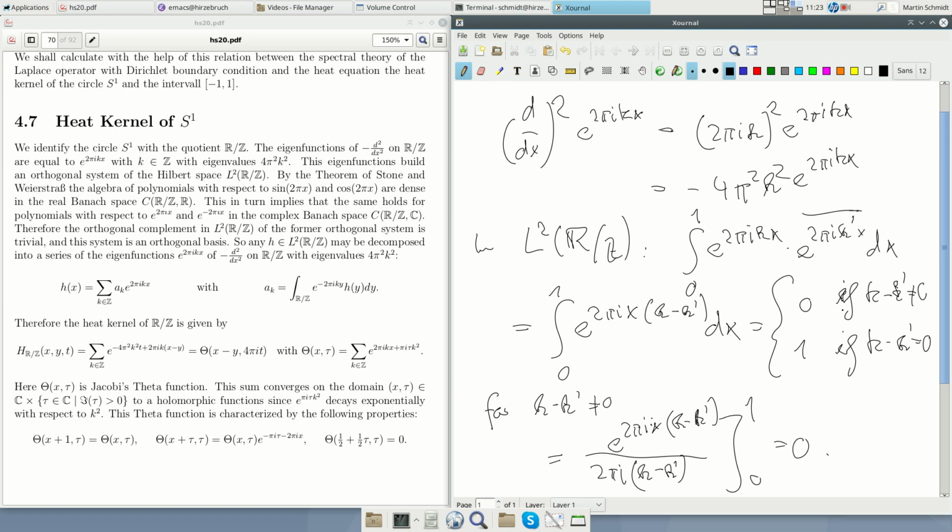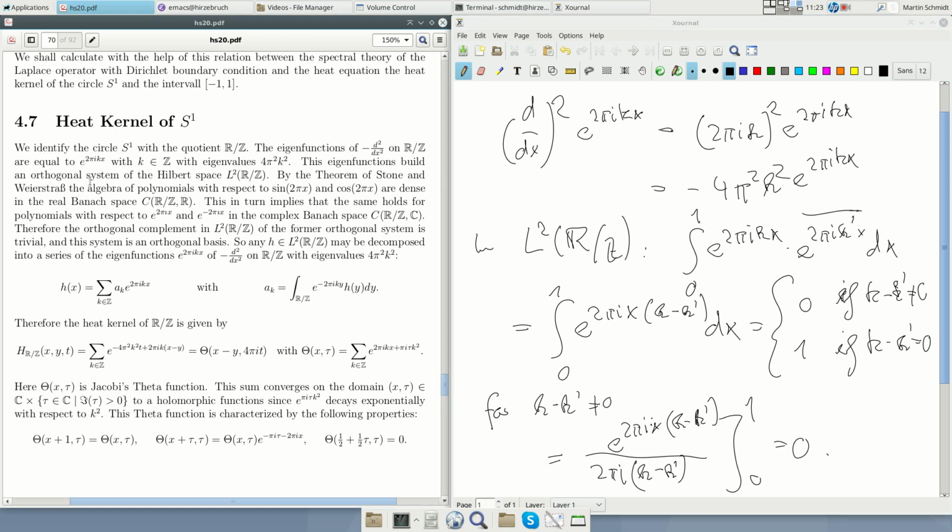If k minus k prime is 0, this is clearly the function 1, so this is also clear. So we indeed see this is an orthogonal system.